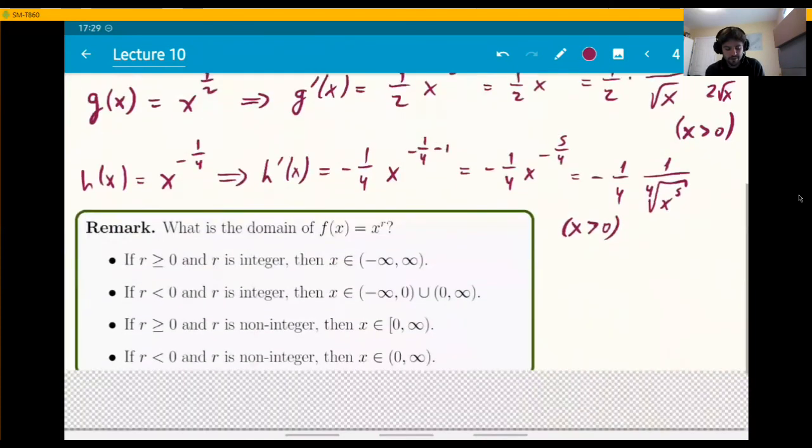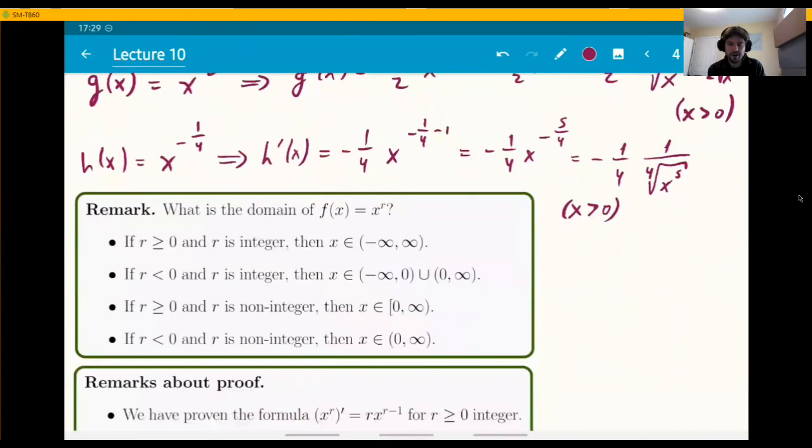So yeah, just this remark right here. What is the domain of x to the r? We have already discussed this. If r is integer, then you just care about 0 being included or not in the domain. If r is positive, then you're not dividing by 0, so you can include 0.